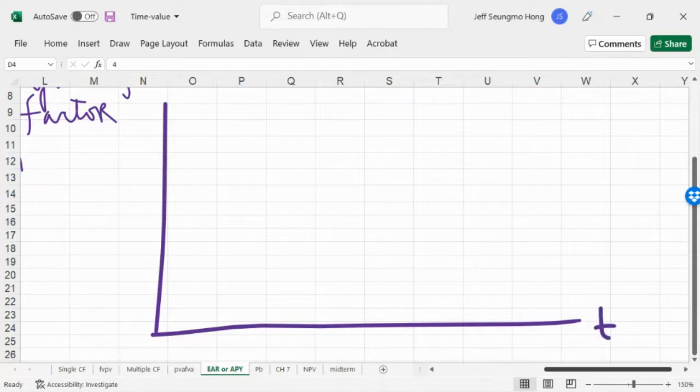Of course, this is time, and this is dollar price. If it is monthly, annually there will be 1, 2, 3, 4, 5, 6, 7, 8, 9, 10, 11, 12, right? If you have this data, let's say the stock price moved like this monthly, right?